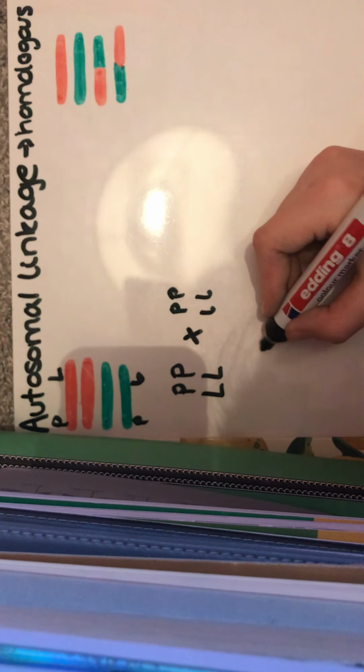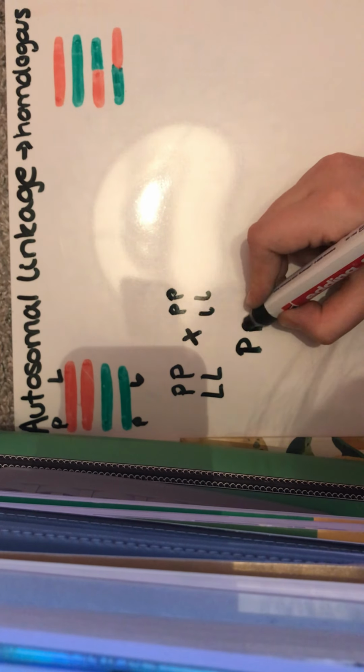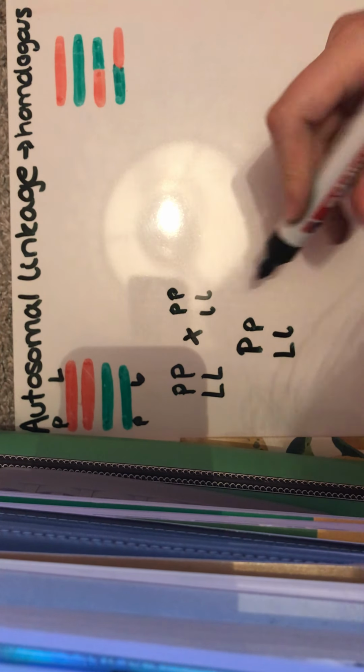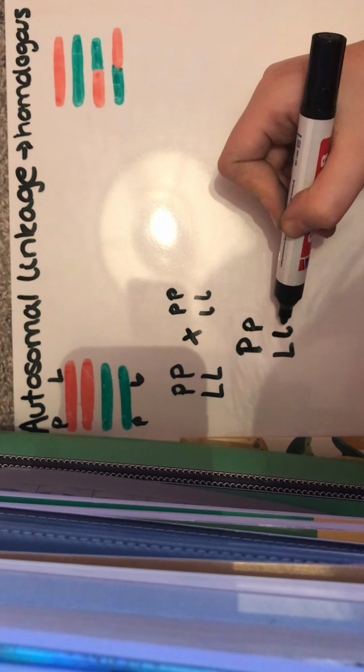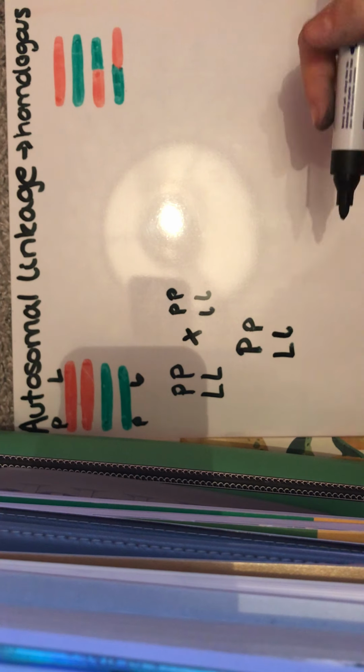So we know that the first generation genotype would be heterozygous. They're all going to be capital P, lowercase p, capital L, lowercase l, but we also know that they're going to be inherited together. So these are inherited together, and these are inherited together. The phenotype is all purple and long, because they've got at least one dominant allele for that characteristic.